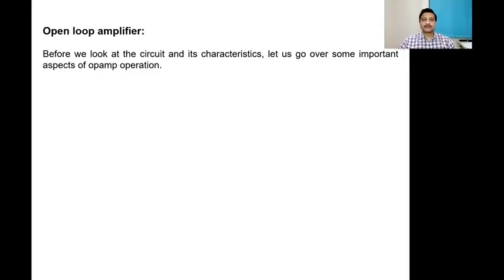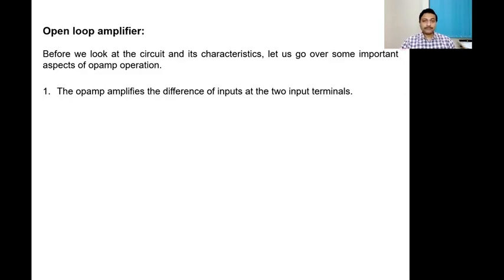During the next couple of lectures, I'll keep highlighting these main points before discussing the analysis of any circuit, because it's very important that these points make a good imprint on your understanding. And whenever you look at a circuit, some of these points should be automatically recalled by you. So let's go over these.